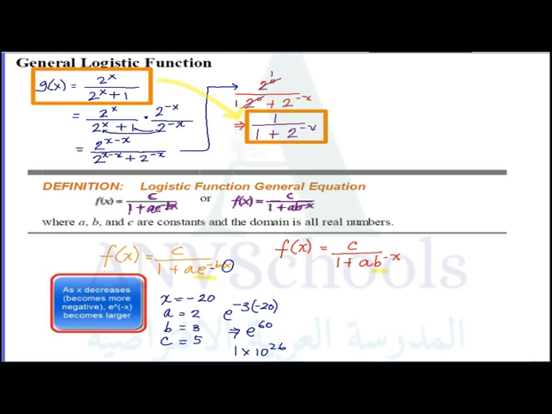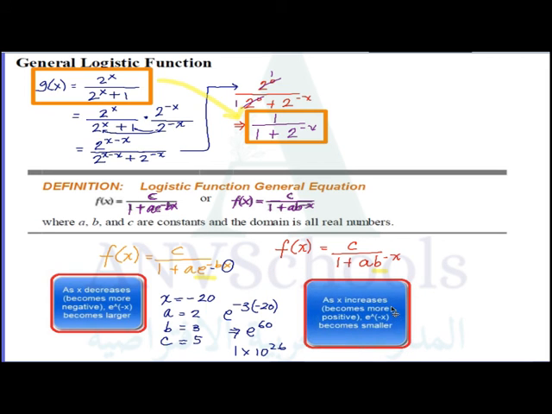And when my x is more positive, my e raised to negative x becomes smaller. Which makes sense, because if my x is 20, that will just give me e raised to negative 3 times 20, so that gives me e raised to negative 60, or 1 over e raised to 60.